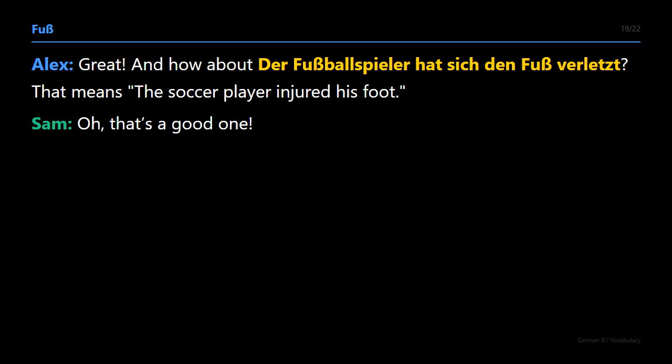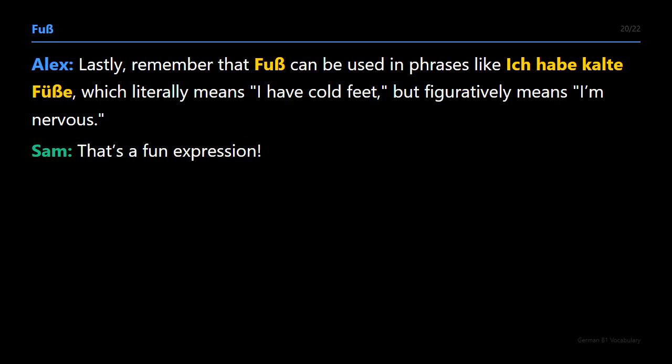Oh, that's a good one. Lastly, remember that Fuß can be used in phrases like, Ich habe kalte Füße, which literally means I have cold feet, but figuratively means I'm nervous.